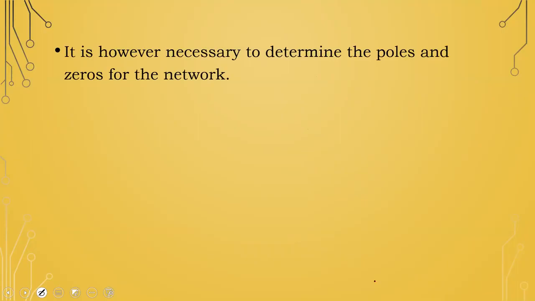And what poles and zeros really tell us is we're able to determine the type of damping that is within the circuit. So we'll know whether or not the circuit is going to oscillate, whether it's going to be overdamped, or under or critically damped, etc.